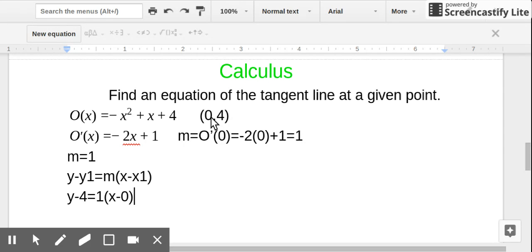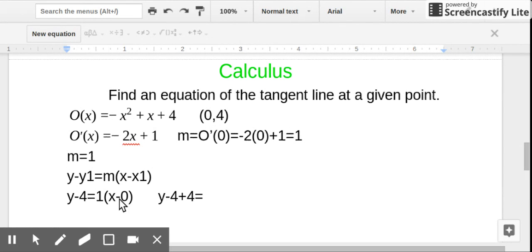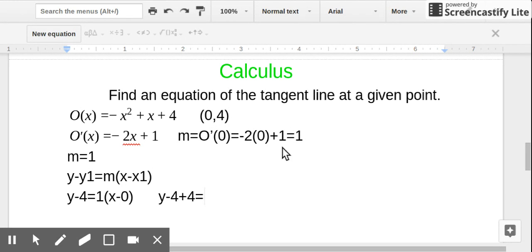And we want to go ahead and solve for y in this problem. I won't skip any steps here since we're doing this for the first time. We've got to get rid of this 4 right here, so we're adding 4 to both sides. X minus 0, and we're adding 4 to both sides.